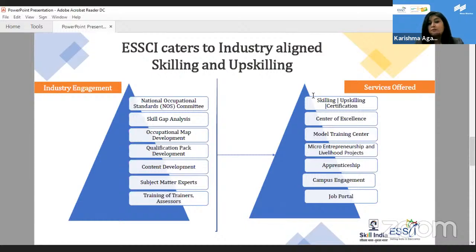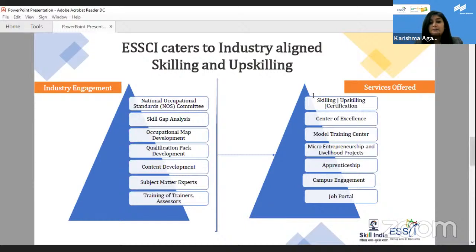And we are also doing micro entrepreneurship and livelihood projects, because as we all know, when a product comes to the market and after deployment, we need people with a different kind of skill set. That is why we are also implementing micro entrepreneurship and livelihood projects.